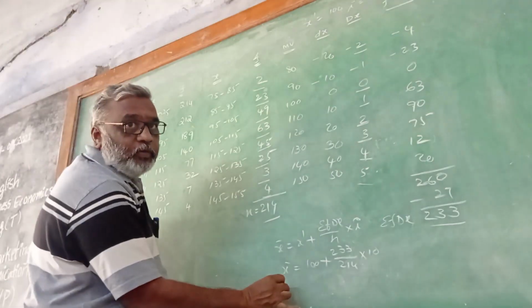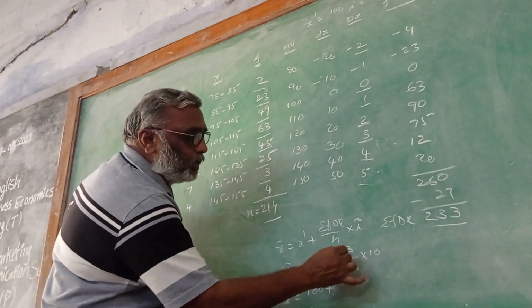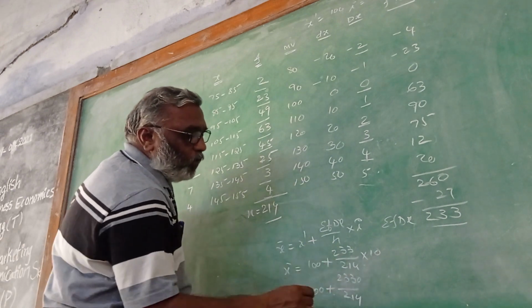Is it visible? Yes. X bar is equal to 100 plus 2330 by 214.